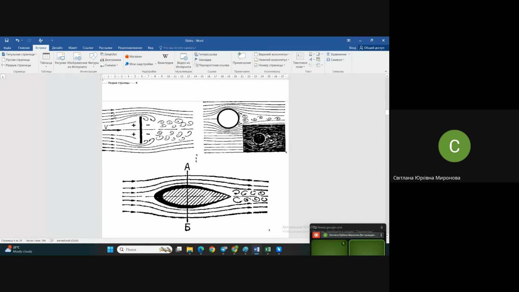Look at this. When the streamlines meet the plate, you see, they create different pressure in front of the plate and behind it. They are designated with signs, plus and minus. And also, symbolically, something like a vortex is given behind the plate and behind the sphere.